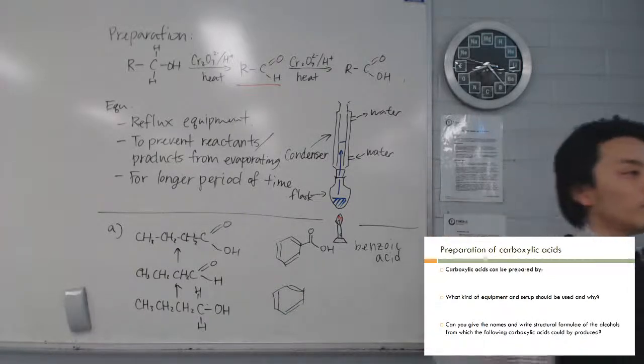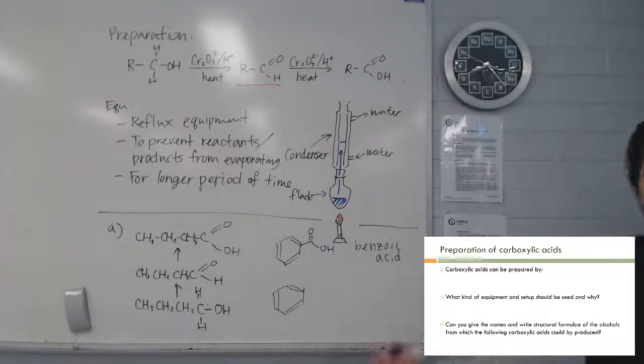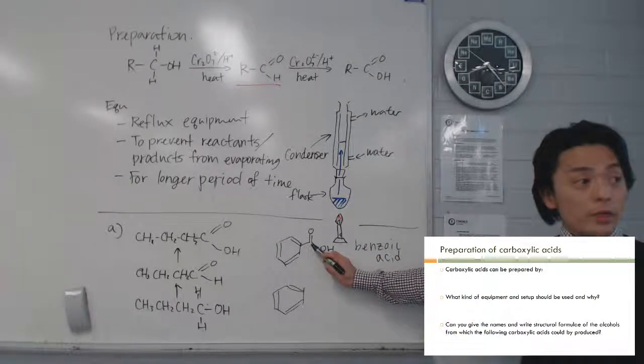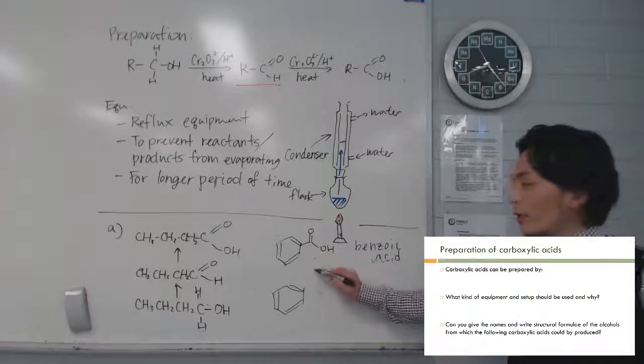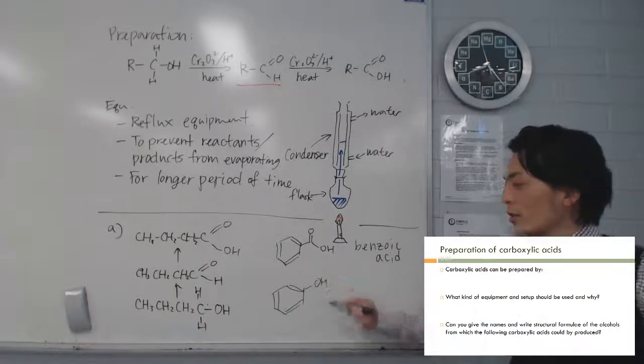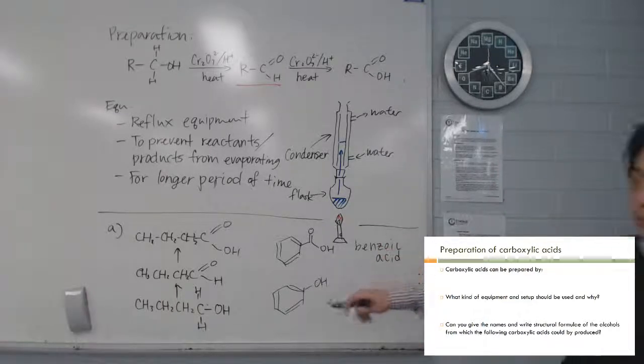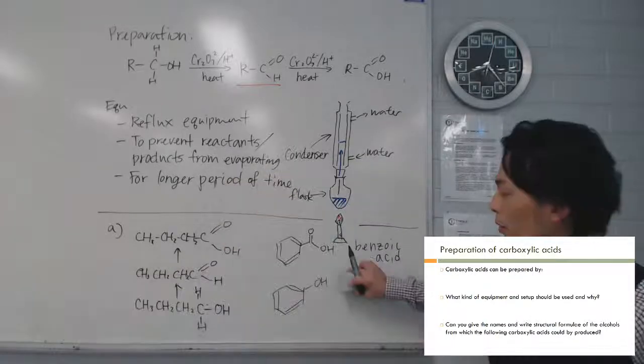A benzene ring. Work with the carbon that's there. Okay, you can't get rid of carbon. So if you just draw OH like so, that would be wrong. Yeah. Keep the carbon there.